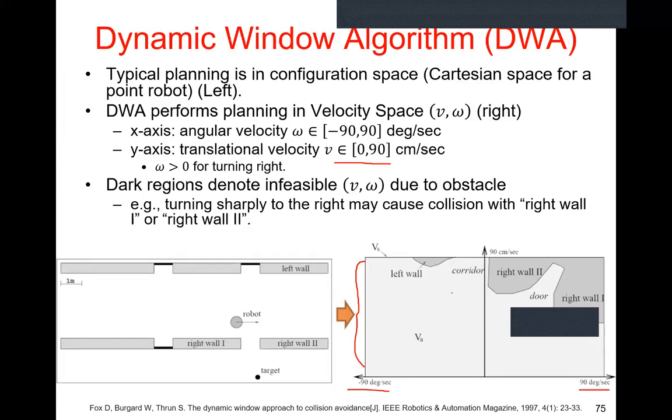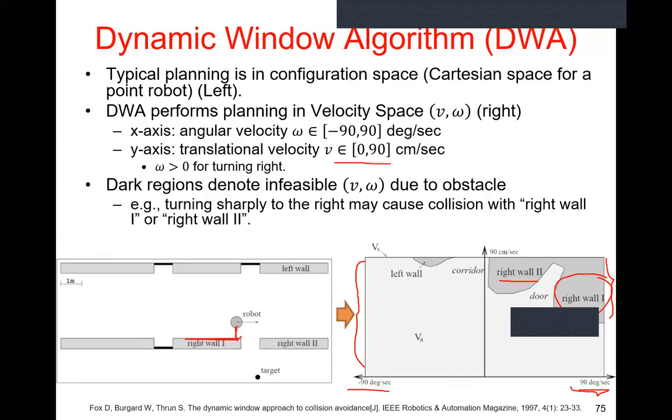So for example, this dark region indicates collision regions. This means that with high speed in this area, and the angular velocity is also pretty high, then you may run into right wall 1. That's a collision indicated by this region here.